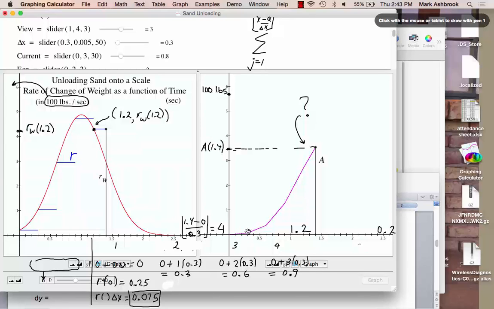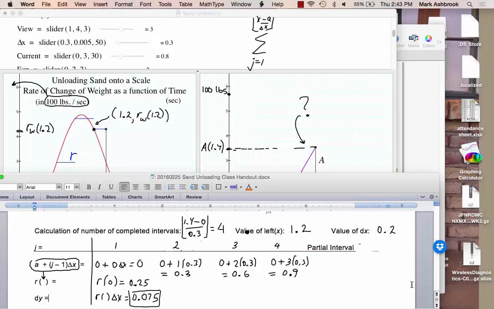The y value of that point right there. At the end of the first interval, we've accumulated a certain amount. That's what we just calculated. The constant rate times the change in x, 0.3, gave us 0.075 hundred pounds, which would be that y value right there at the end of that segment. Did that make sense? Okay.